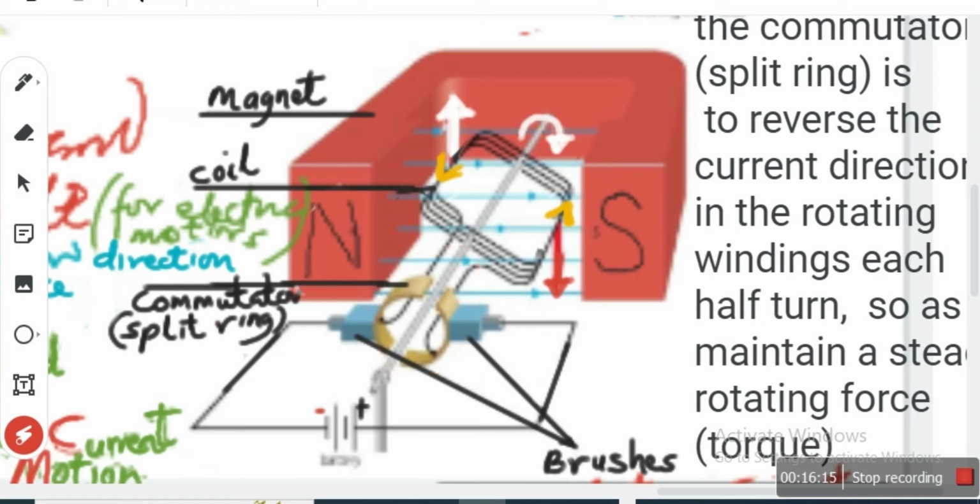How does it work? See, when this side is pushed down, are you listening to me? When this side is pushed down, it goes down and carries the carbon brush with it. As it is rotating, it takes this carbon brush to the other side, is it not? While this side that is pushed up, as it is rotating, it carries the other carbon brush to this side.